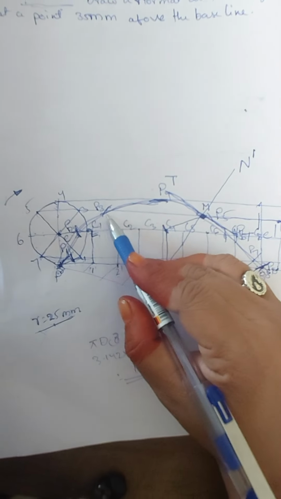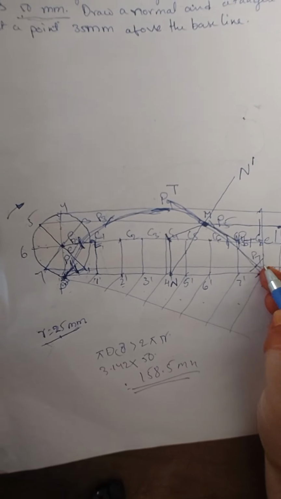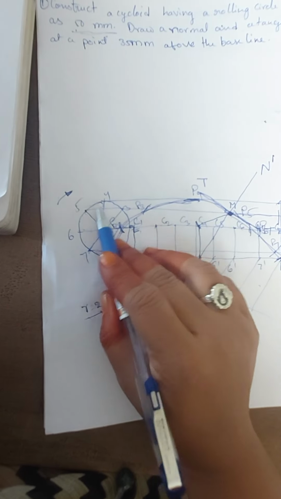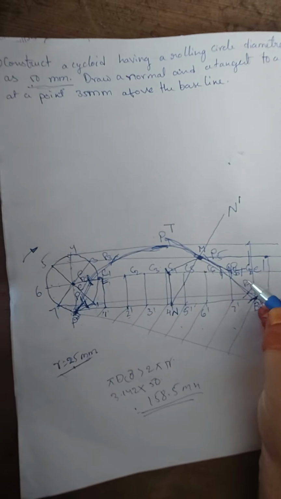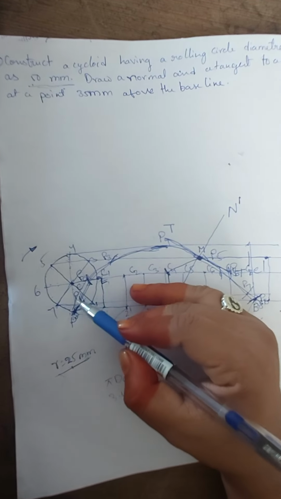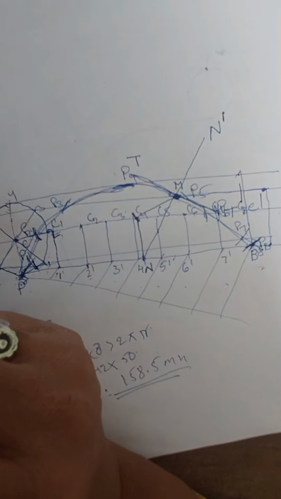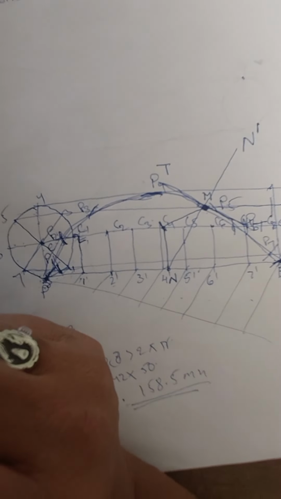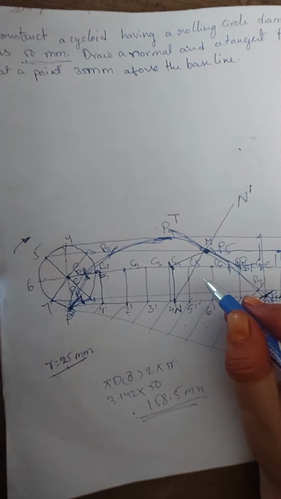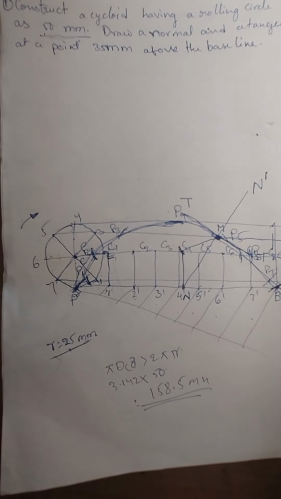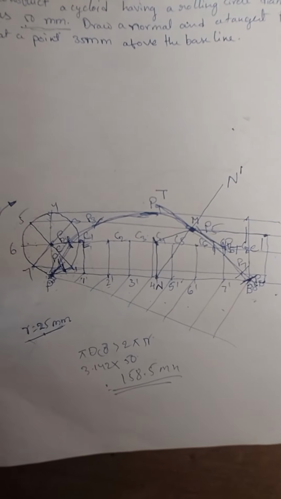Similarly, draw all the arcs on the lines passing through the different divisions like 3, 4, 5, 6 up to 8. Finally, join all the points from P to P8 to form the smooth cycloid curve. After that, draw the tangent and normal to the curve as we discussed recently. Okay, thank you.